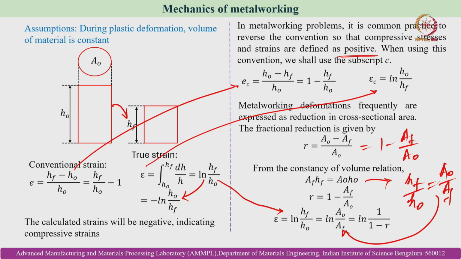Again from the expression of R we know that AF by A0 is equal to 1 minus R. Putting that value over here, A0 by AF is nothing but 1 by 1 minus R. So, ln 1 by 1 minus R, that is the epsilon, that is the true strain.